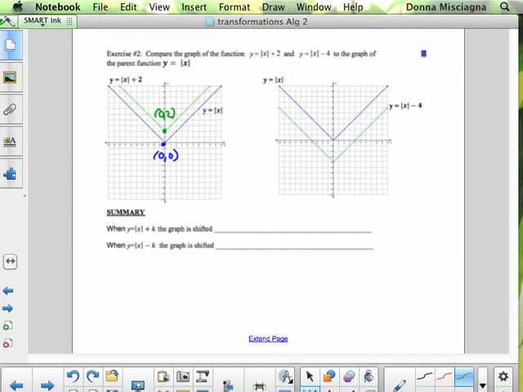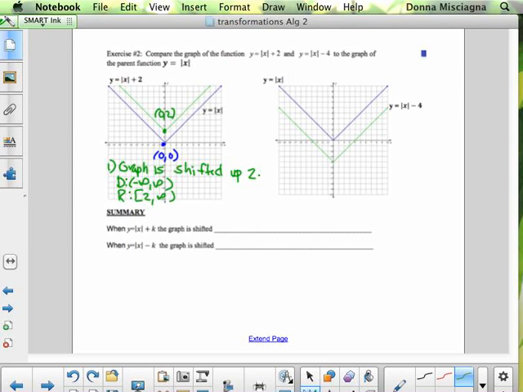So notice that the graph has shifted up 2. So number 1, the graph is shifted up 2. The domain is still negative infinity to infinity, but the range has changed to 2 to infinity because the graph's been shifted up 2. And you can add that to your notes.